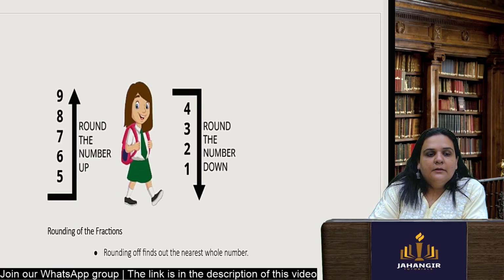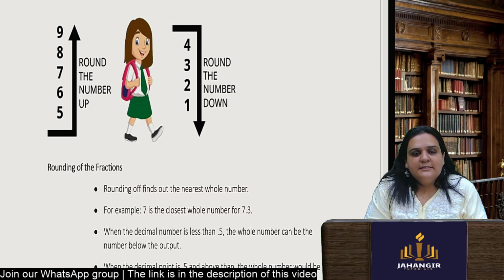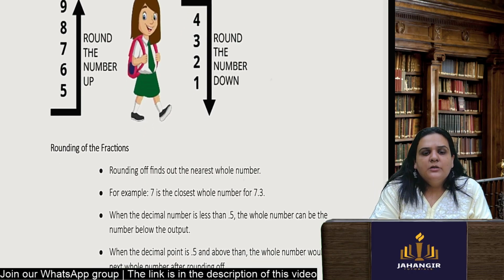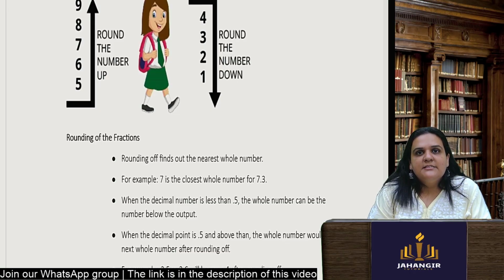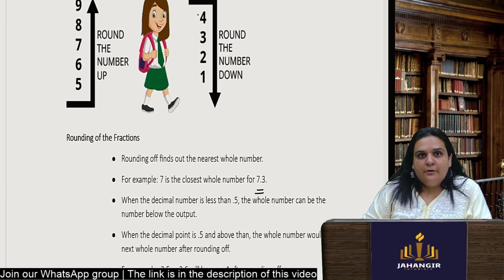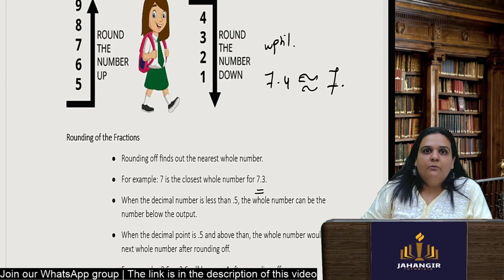Okay. Now rounding off numbers. How do you round off decimals or any number? Rounding off to the nearest whole number is important. Say I have 7.3. If the decimal part is up to 4, then round it down to the lower number, 7.